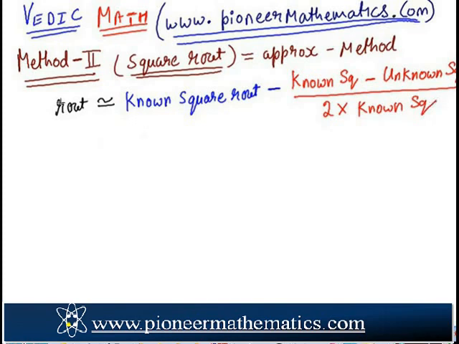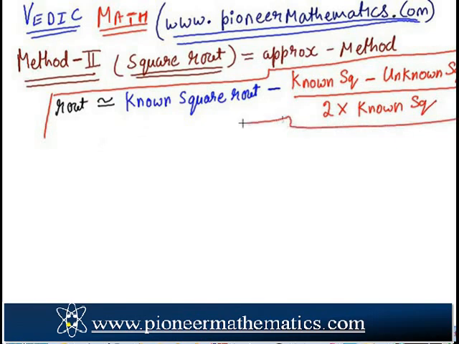Now you will ask, sir, what is this? How to use this? Let us see. Just wait and see how to use this formula. Very important and very good formula.